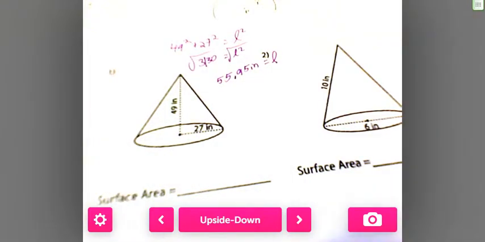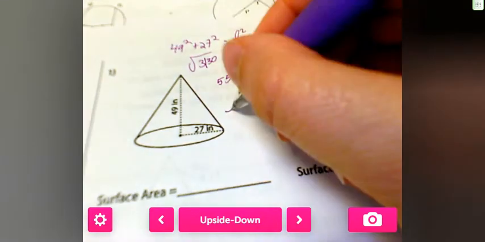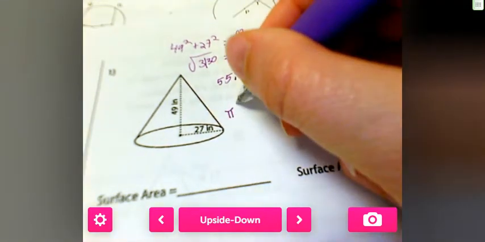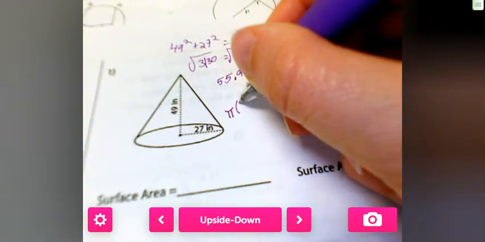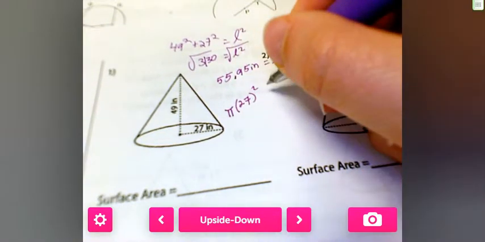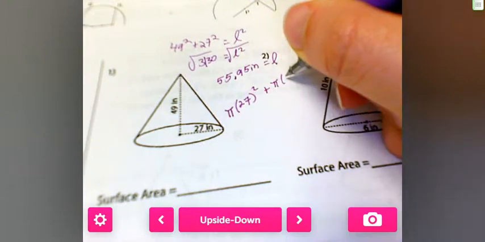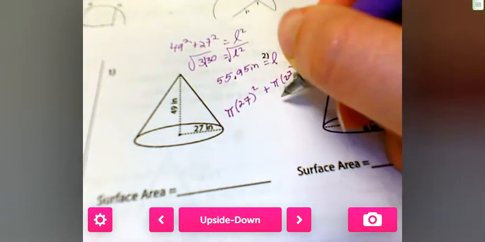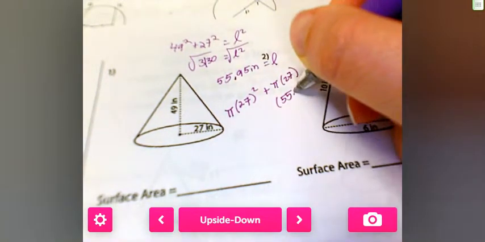And then we're going to put it in the same equation that we did on the front. Pi 27 squared plus pi 27 times 55.95.